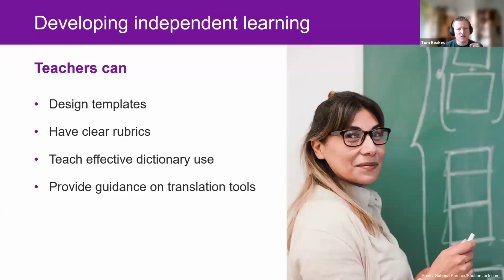And another thing that some of the research I've looked at suggests is that, a bit like humans, these AI translation tools are better at translating from other languages into English than from English into other languages. And so there are little things like this which we might want to think about and make our learners aware of.